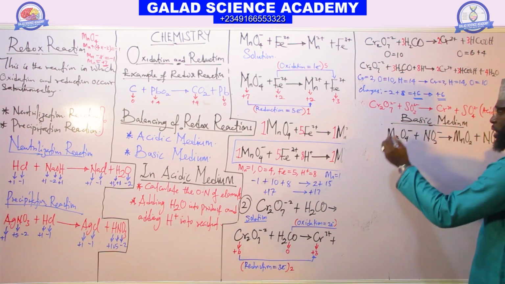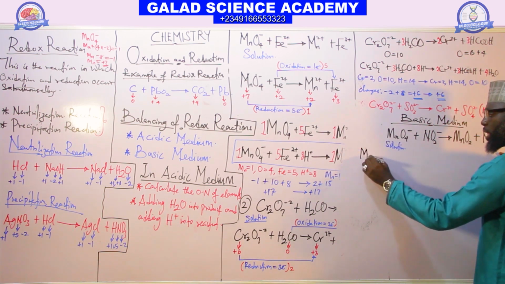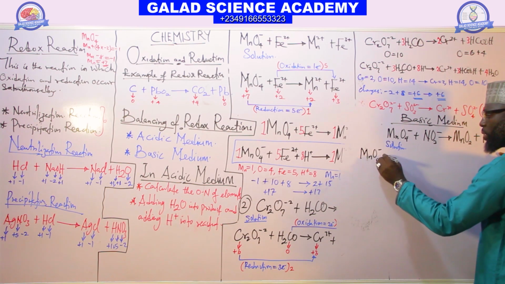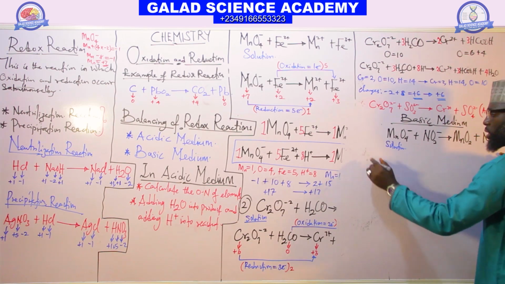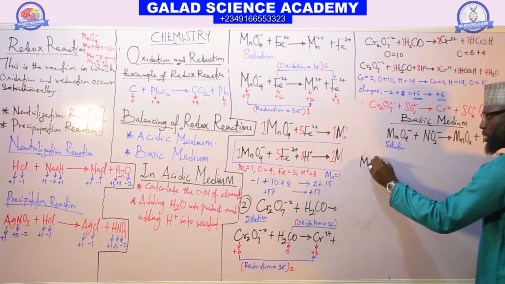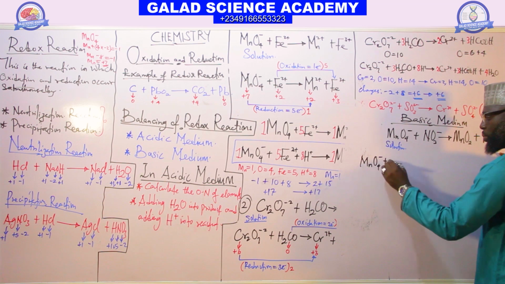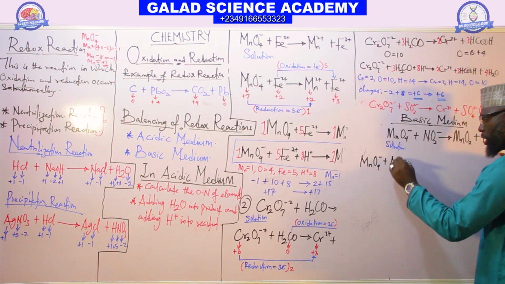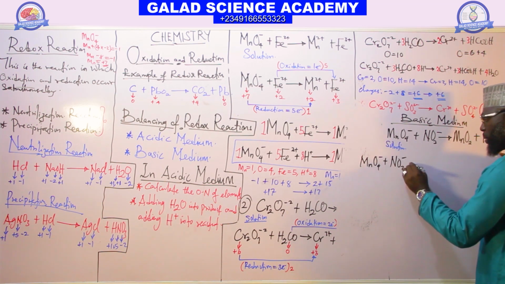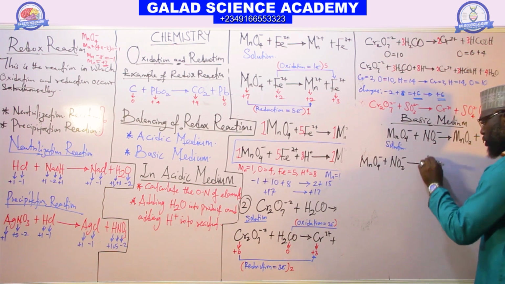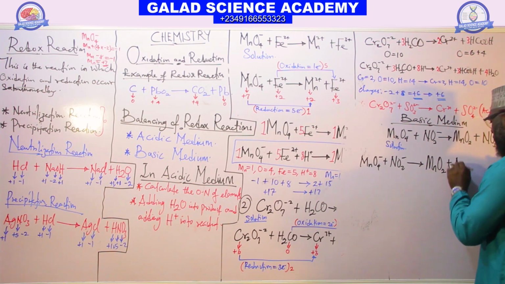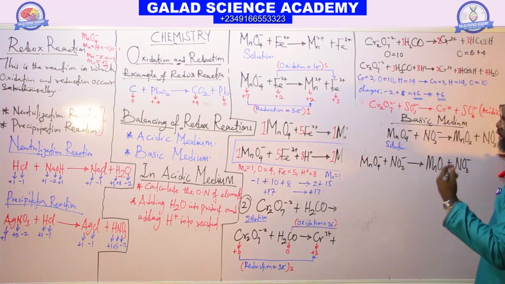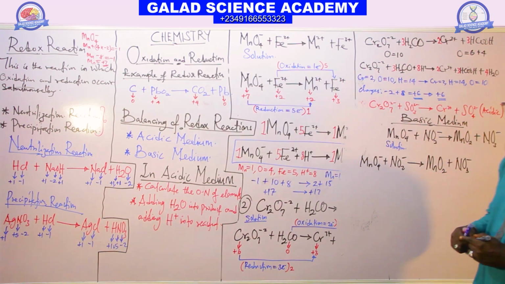We have MnO4 minus plus NO2 minus leading to MnO2 plus NO3 minus. What's the first thing that I told you to do from this law?